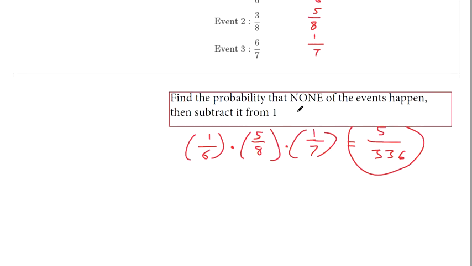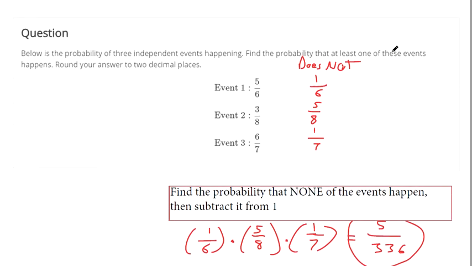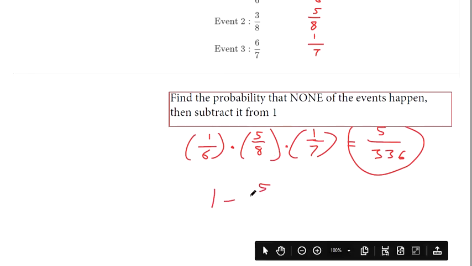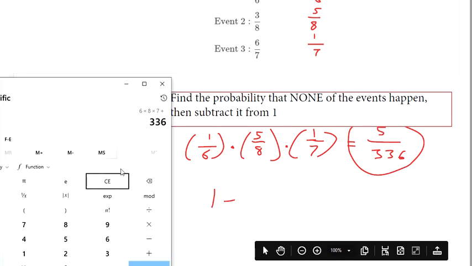And so now that we have the probability that none of the events happen, we need to subtract it from 1 to find out the probability that at least one of the events happens. What we're about to calculate will tell us the probability that at least one of them happens. You could get common denominators, but they said a decimal is fine too, up in the instructions.